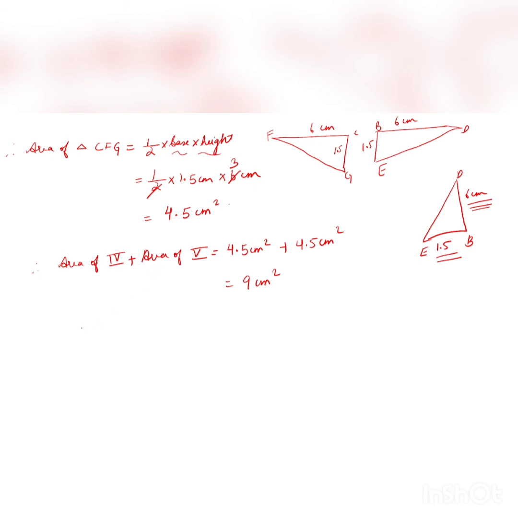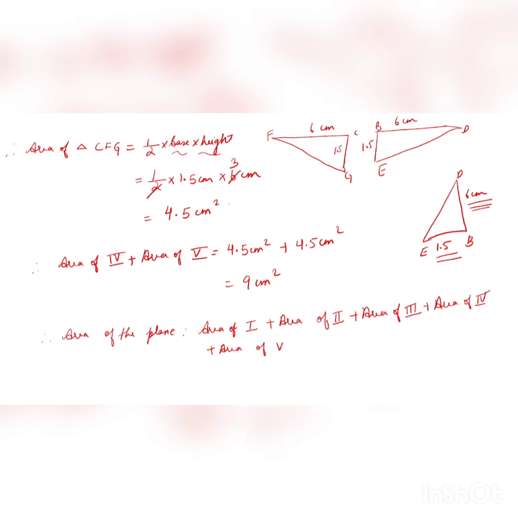Therefore you can finally write here for area of the plane: area of the plane is area of 1 plus area of 2 plus area of 3 plus area of 4 and plus area of 5.